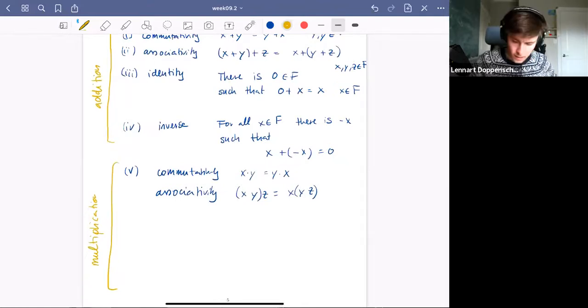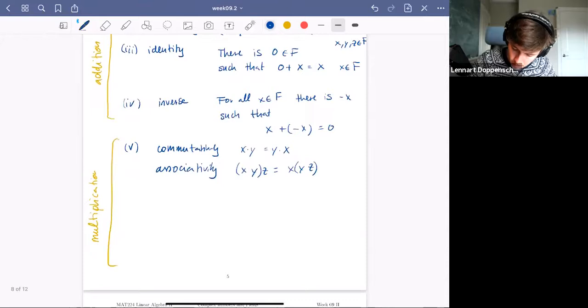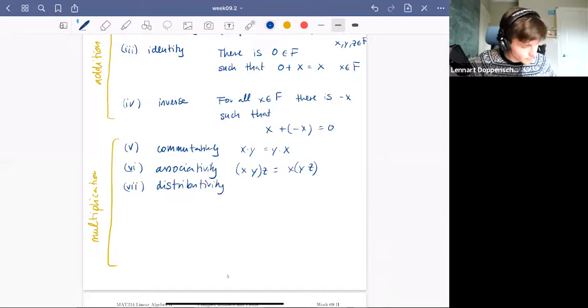Okay, so then same for the identity. Oh, there's one more before. There's the distributivity. And this actually concerns both. So this means that when you encounter a sum and then a multiplication, this is the same as two multiplications summed together.